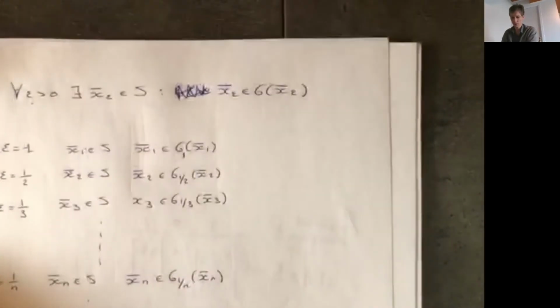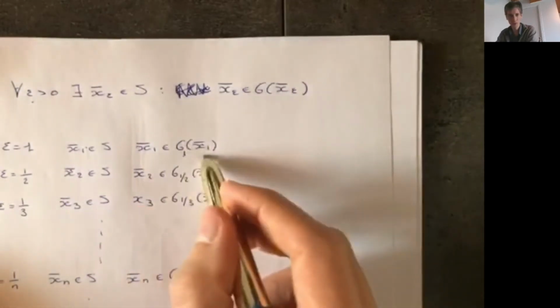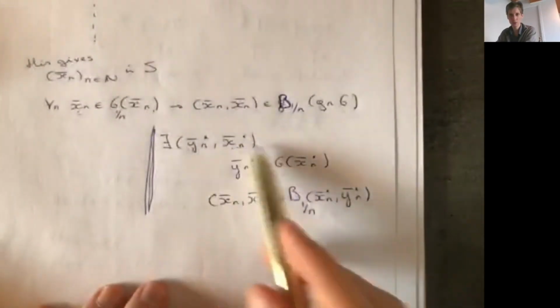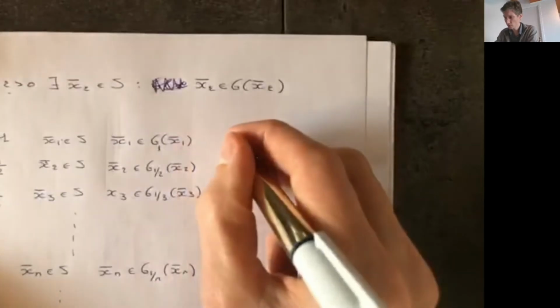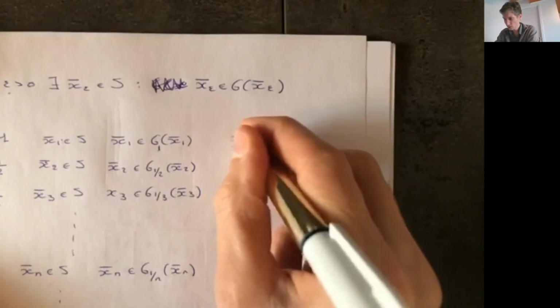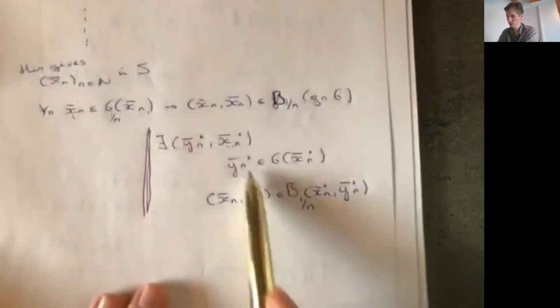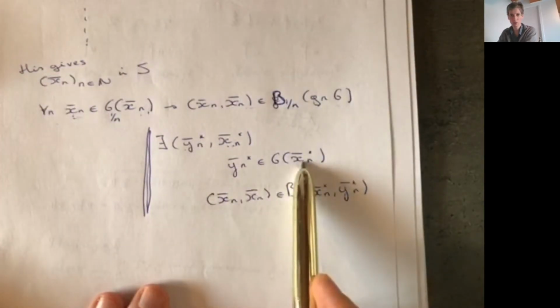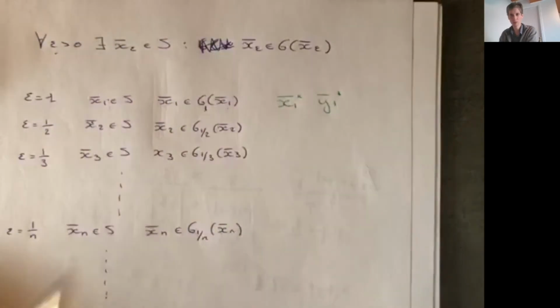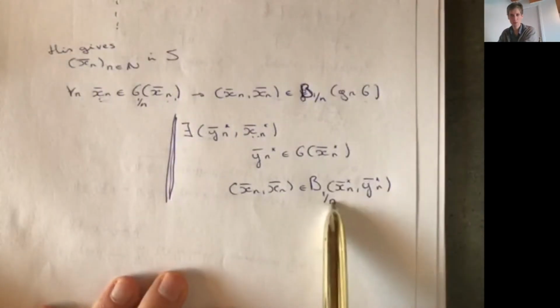So in particular we had a sequence. Here for this one, because this is G1, we can apply this definition. So we know that there is an x1 star and a y1 star, such that y1 star is in G of x1 star, and the distance between x1 and this thing here is smaller than 1.